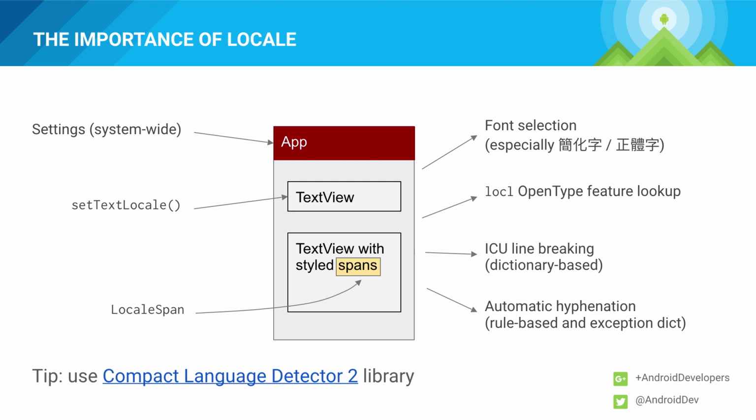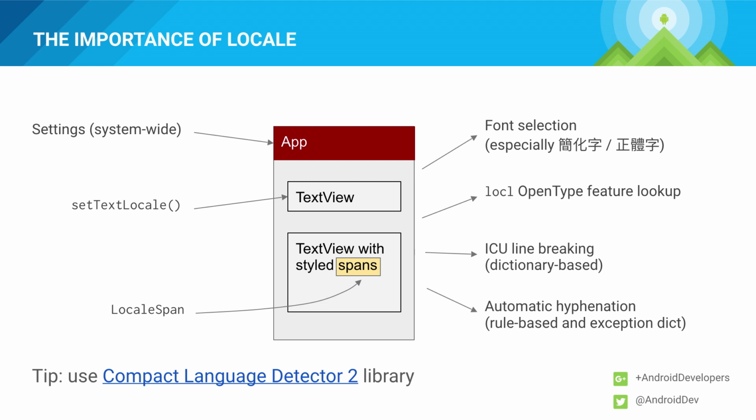So we have a set text locale API, which you can use on a text view. And if your server knows the language that text is in, then we strongly recommend that you set text locale on the text view that displays that text.